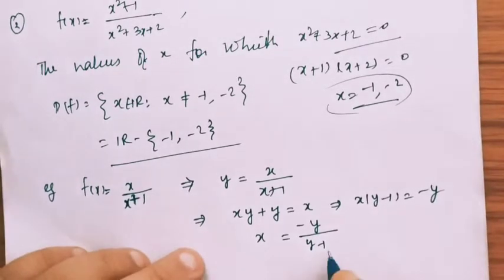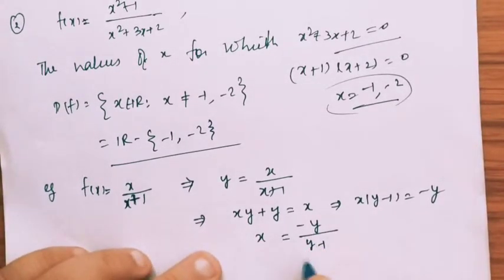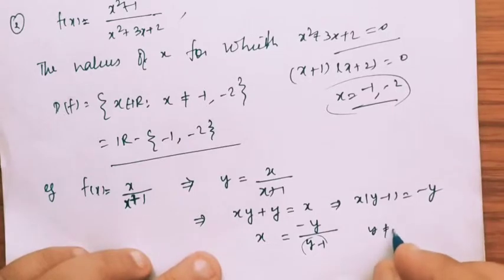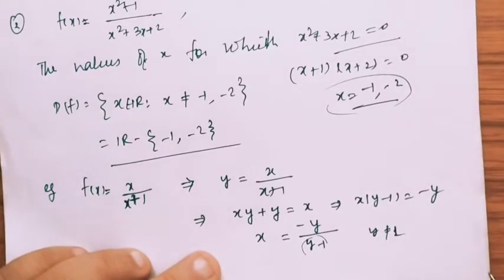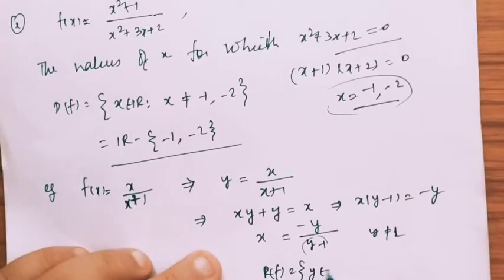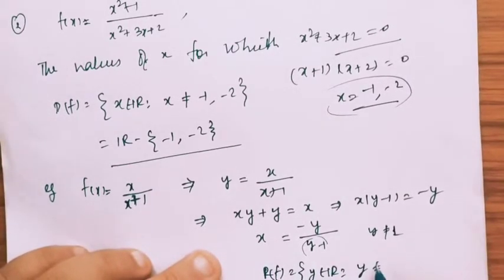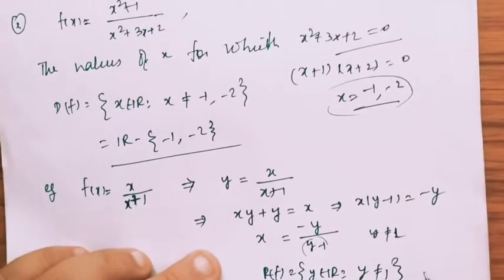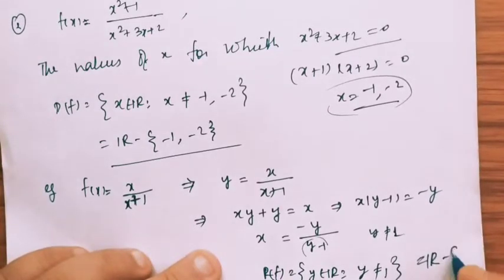So y minus 1 should not be equal to 0, that is, y should not be equal to 1. Therefore the range of this function is the collection of real numbers y such that y is not equal to 1, that is R minus {1}.